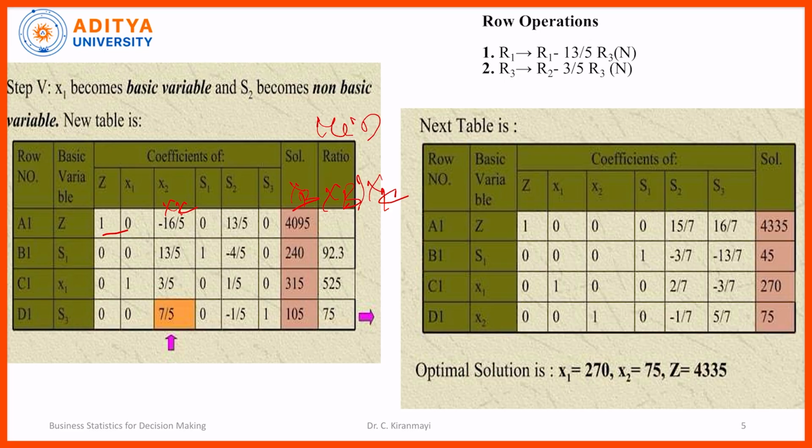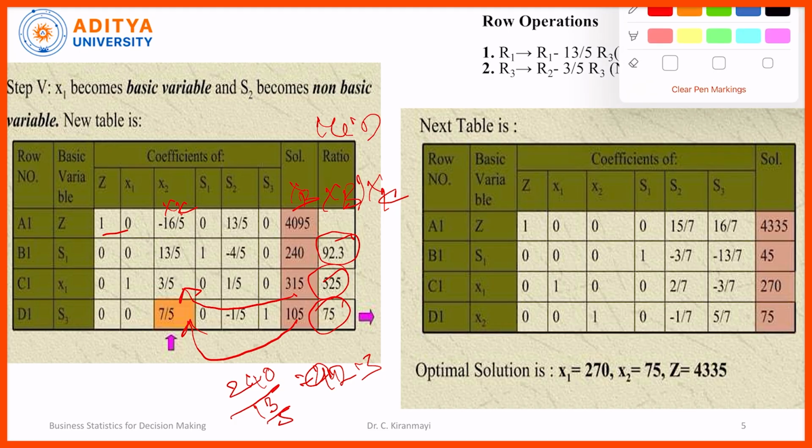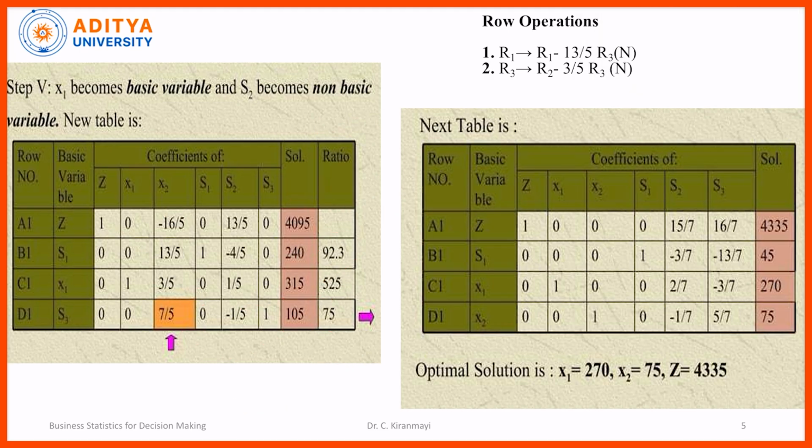Therefore, we should calculate the minimum ratio: 240 by 13 by 5, which is 92.3, and 315 by 3 by 5, which is 525, and 105 by 7 by 5, which is 75. This is how we calculate the minimum ratio in order to find the key row.